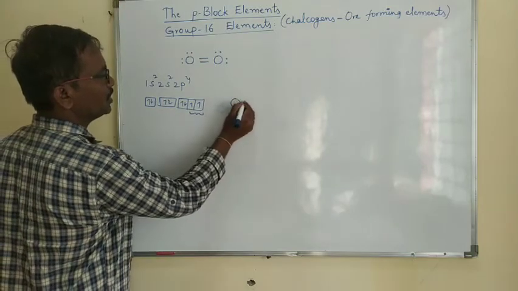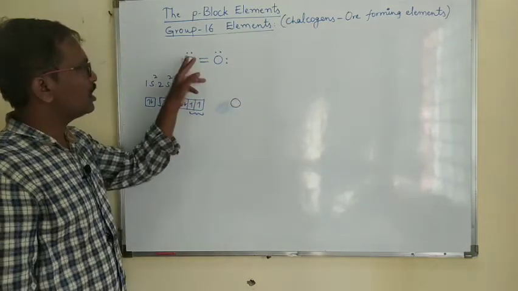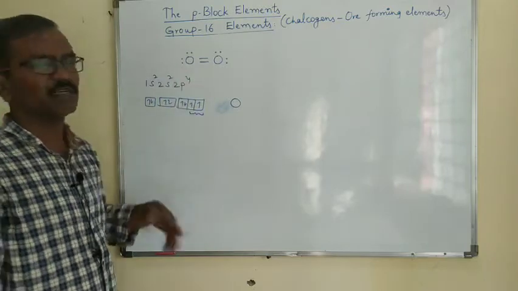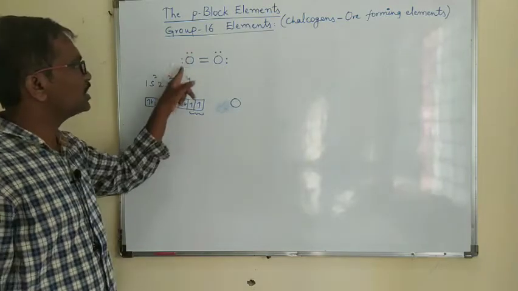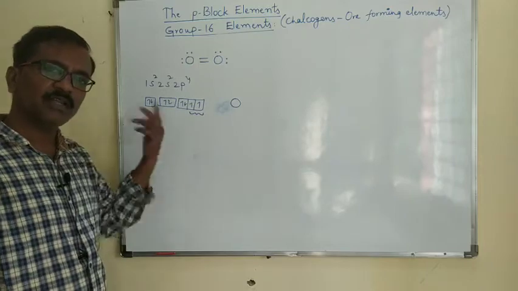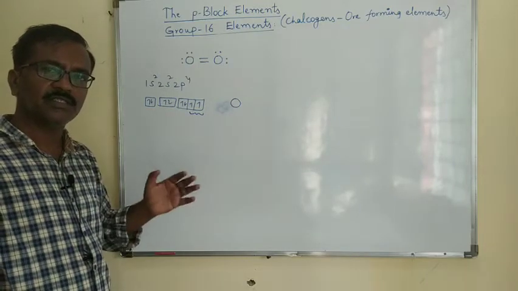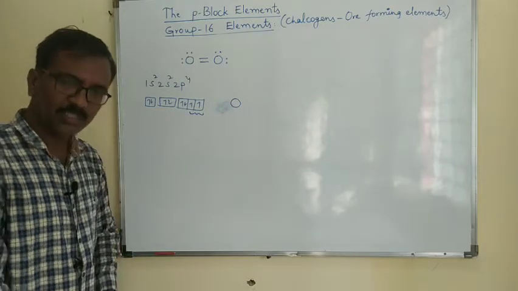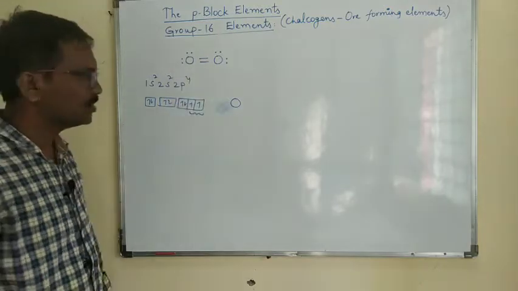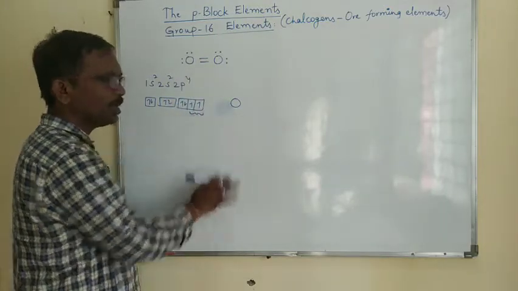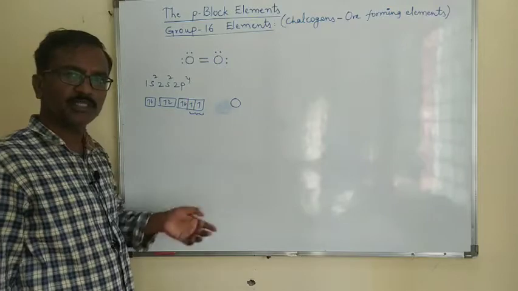I'm writing clearly because some people are always confused about why these are two dots, why two pairs, why not one pair, why not three pairs. Always the people are confused with the dots, right? Not all, some students.